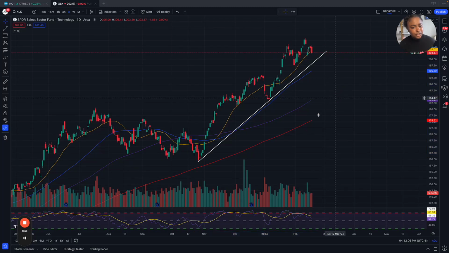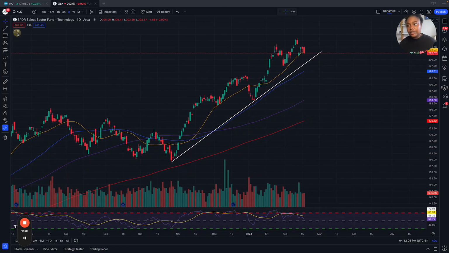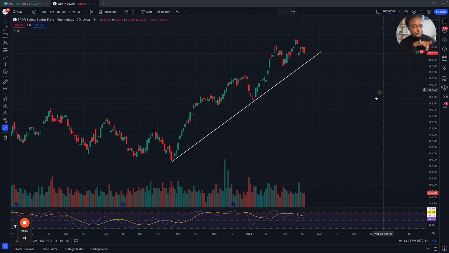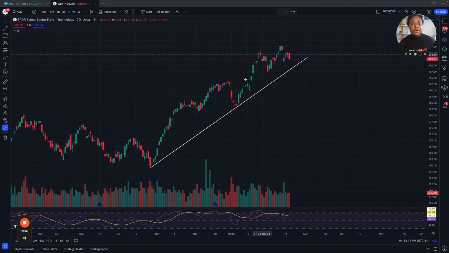So we have this beautiful trend line here, and we're going to go ahead and turn off the averages. We don't need to focus on that right now. Okay, so we see this here. When I first saw this, I was like, this is kind of looking as if a head and shoulders is playing out, with the neckline being here about 197.